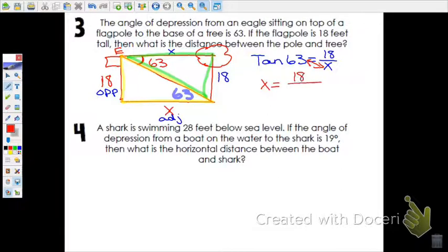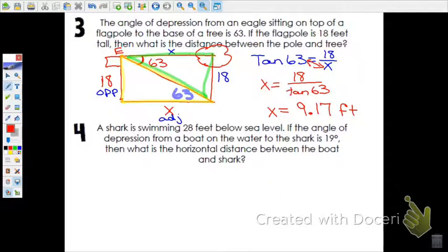X equals 18 over tangent of 63. Then we put that into our calculator, and we are looking for a side, so we round to the nearest hundredth. And what do we get? 9.17. And again, our label is feet.